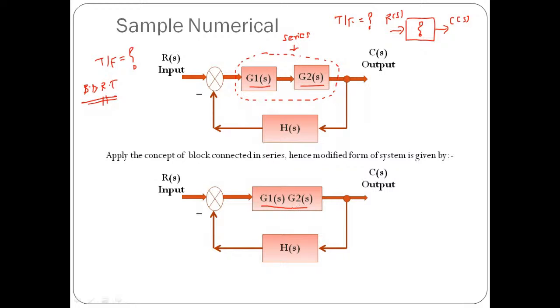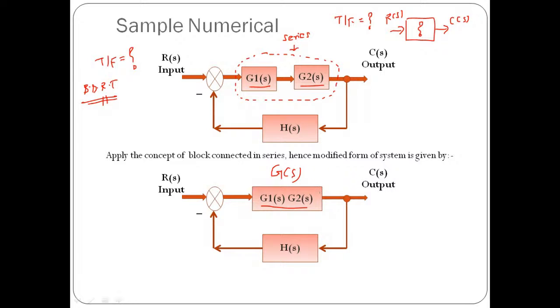That is important: G1(s) multiplied by G2(s). So this will be your forward path gain. Why? Because it is connected between input and output. So this is going to be G(s), that is G1(s) into G2(s).